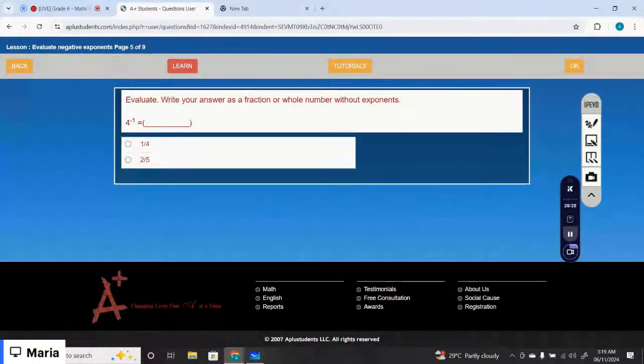4 exponent negative 1, which is the correct option?